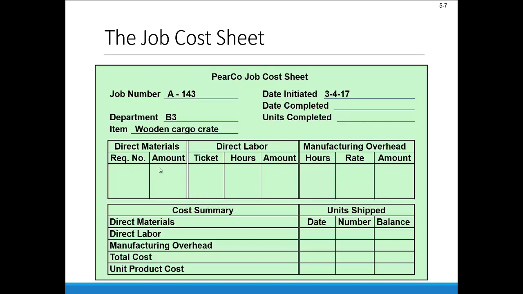And then it should keep that running total of all the direct materials and direct labor that have been assigned to that job, as well as all the manufacturing overhead that's been allocated throughout different periods as this thing's been worked on. At the bottom, it should provide some kind of cost summary that shows the total amount of materials, labor, and overhead associated with that job, as well as determines some kind of unit product cost.